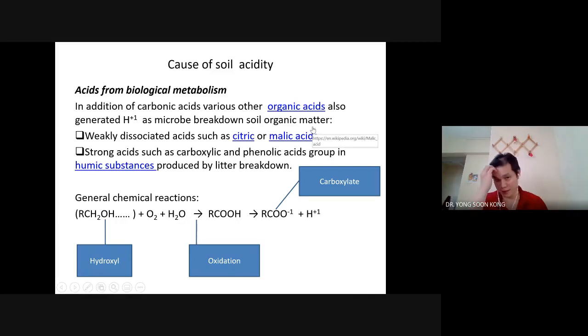As you know, this organic matter can be from plants or from animals. As long as microbes break them down, they will produce organic acid. I won't click here; you can click it yourself and find out what those organic acids are.